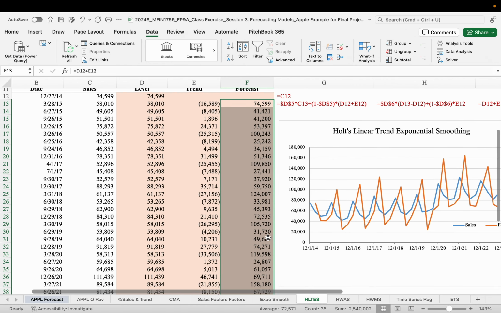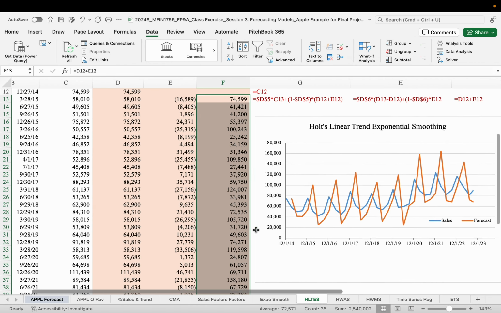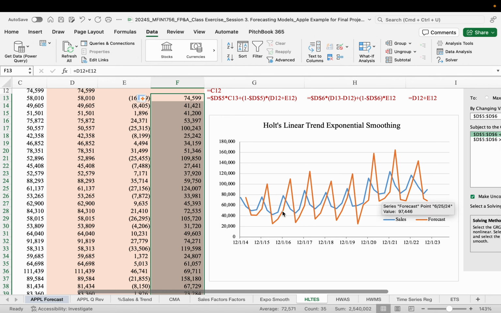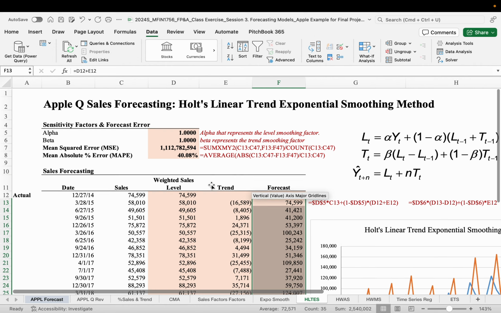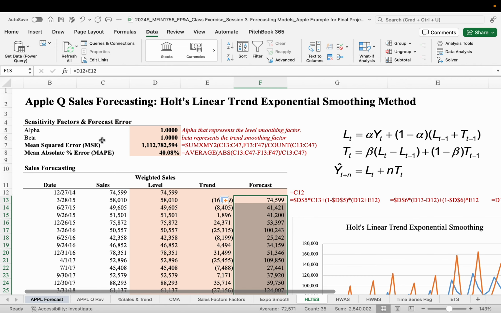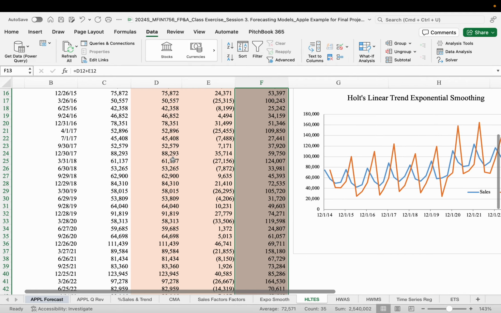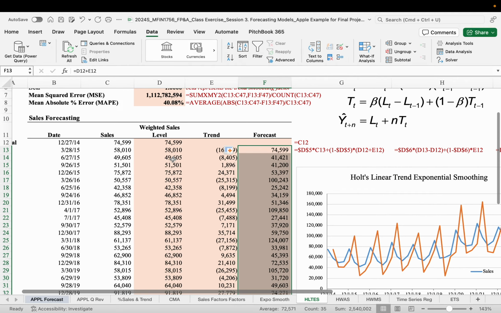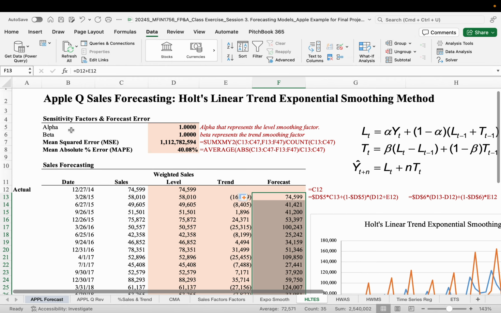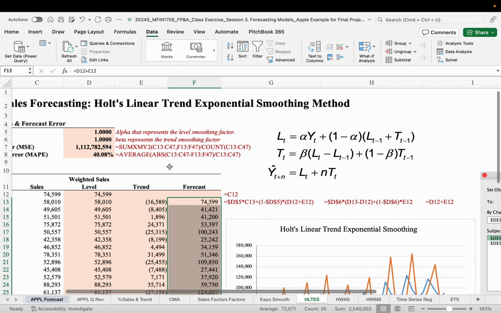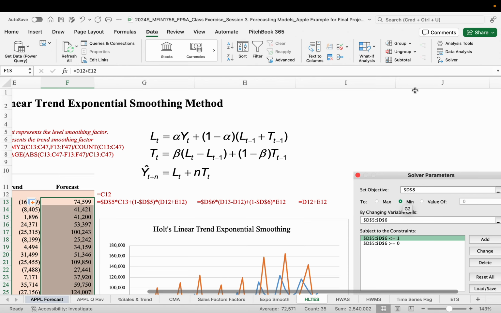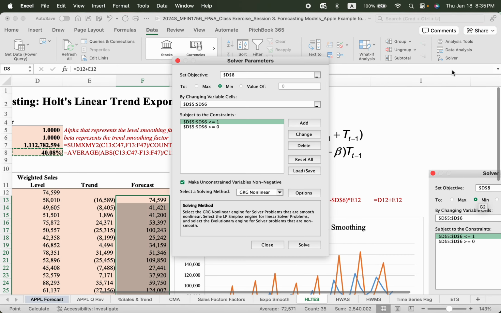So likewise we can keep track of the actual sales, but the error is too high because we haven't calculated alpha and beta, the smoothing factors. But we'll definitely calculate them using the Solver.